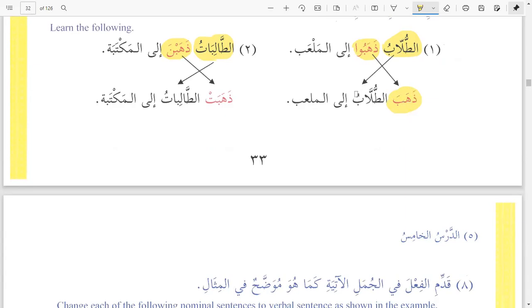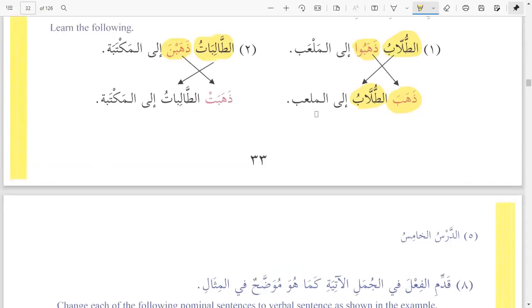Even though tulabu is plural, you can see that for the verbal sentence we use the singular form of the verb. Zahaba tulabu ilal mal'abi. The translation is the same. At-tulabu zahabu ilal mal'abi, the students went to the playground. Zahaba tulabu ilal mal'abi, the students went to the playground. The meaning is the same, but the use in nominal sentences is different from the use in verbal sentences.